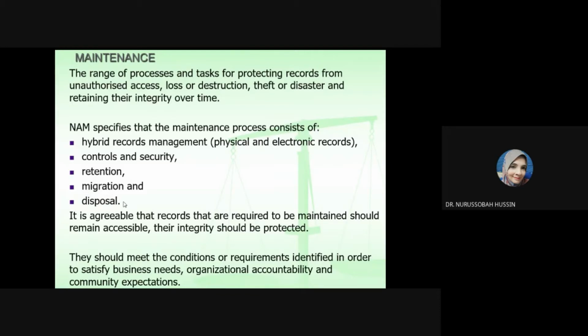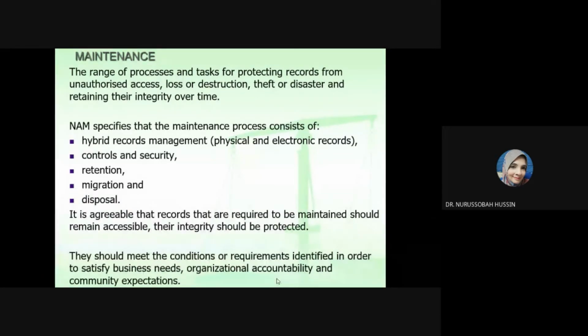So it is agreed that records required to be maintained should remain accessible, because we are talking about electronic records, and their integrity should be protected. Those records should meet the conditions or requirements identified in order to satisfy business needs, organizational accountability, and community expectations.